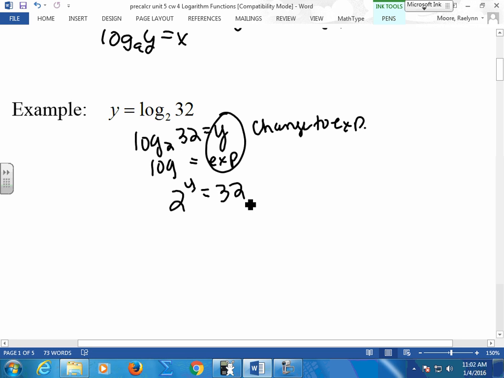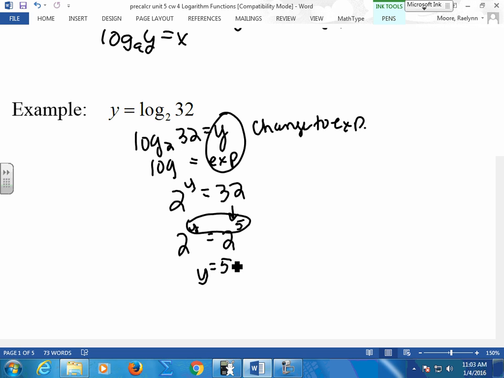Now, to solve this algebraically, we drop this guy down to a base 2, you probably remember doing this. Once your bases are the same, then you can set your exponents equal to each other. If we ask for it algebraically, that's what we want.